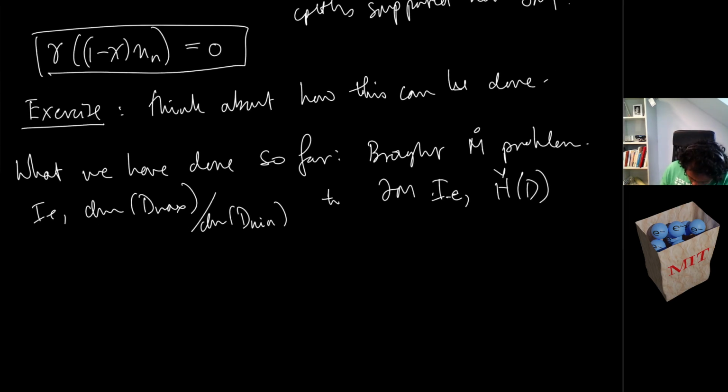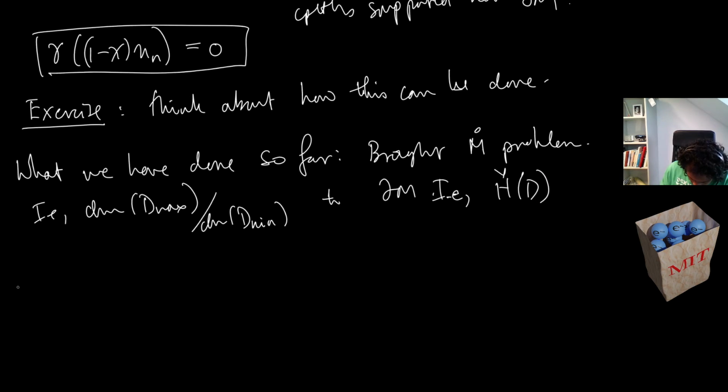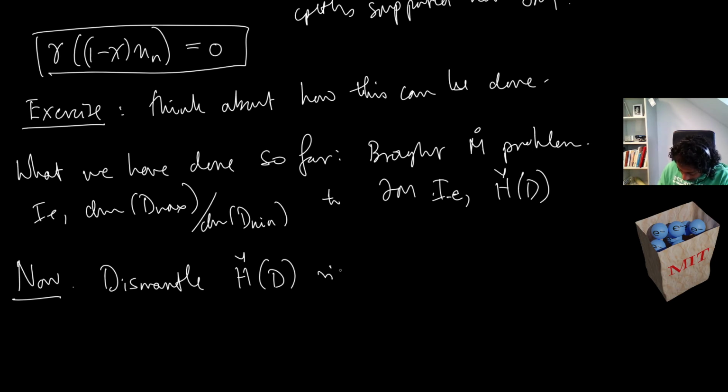So what we would like to do now, we want to dismantle H check of D via boundary data. Okay, that's ideally what we should be able to do, right?